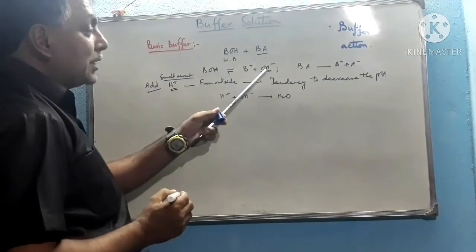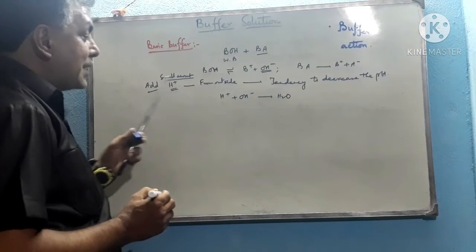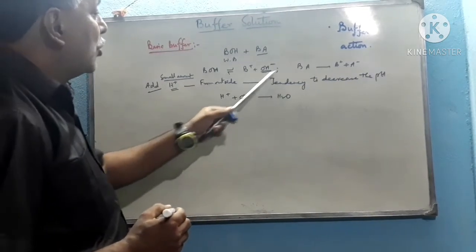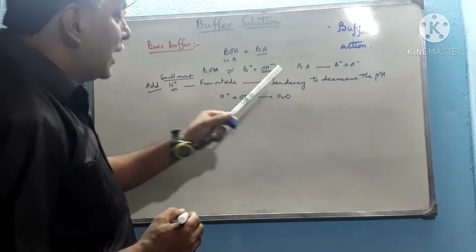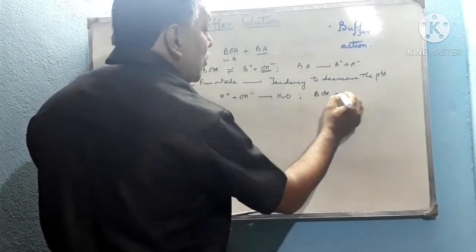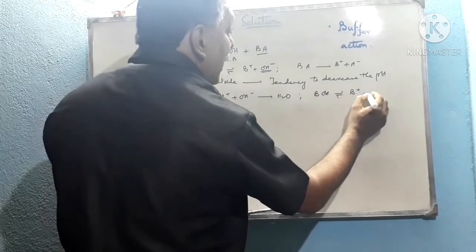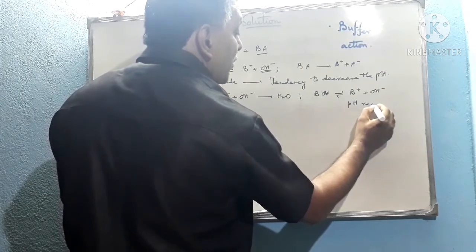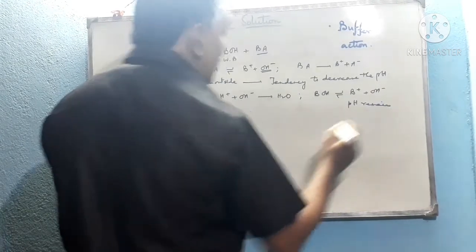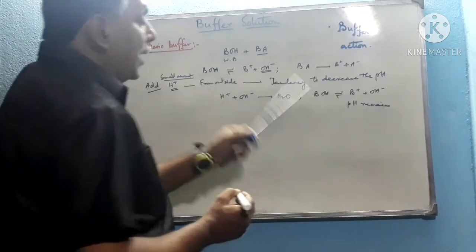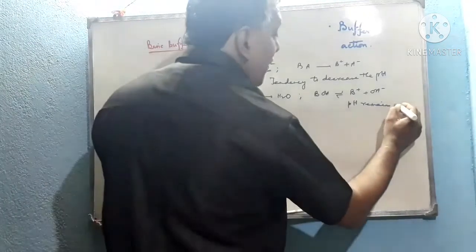But as the OH minus combines with the excess H plus added from outside to form water, the OH minus concentration decreases. So to maintain the equilibrium, BOH again dissociates and generates some OH minus. Thus the pH remains fixed, as the excess H plus we added from outside is removed.